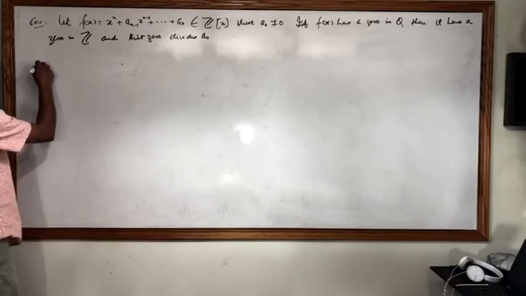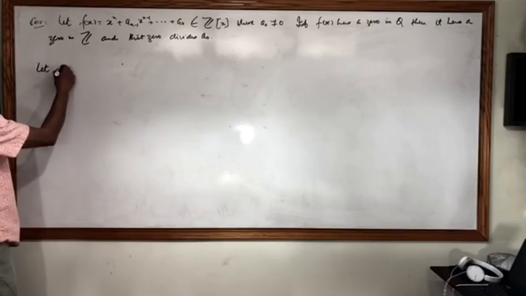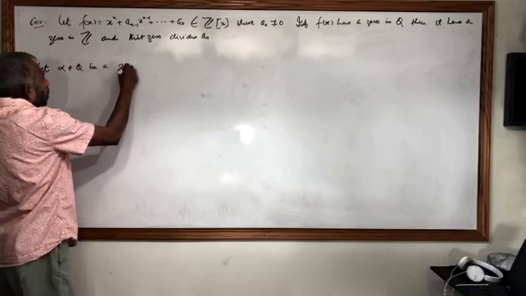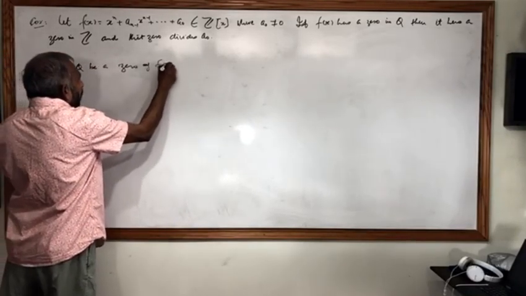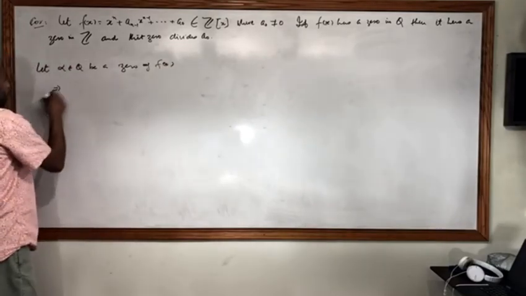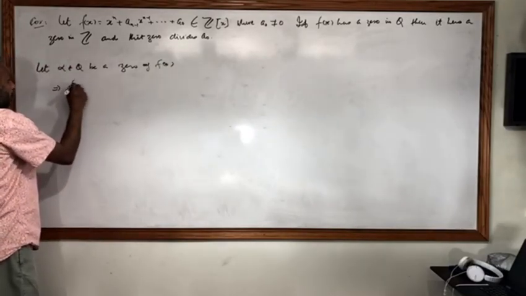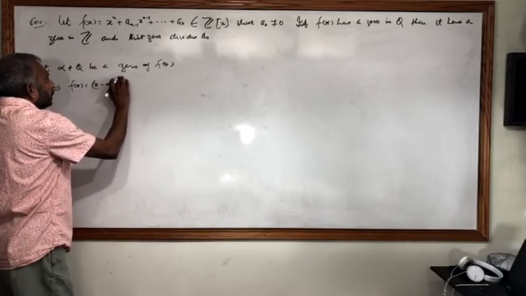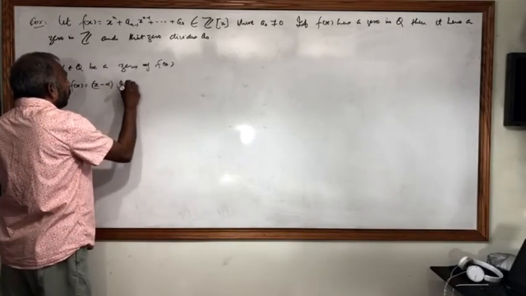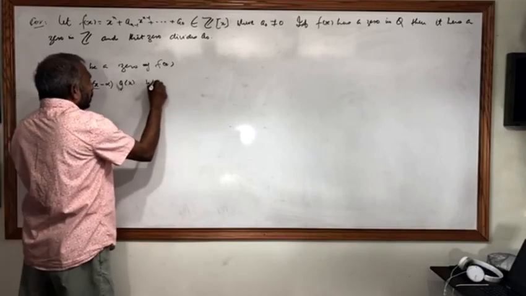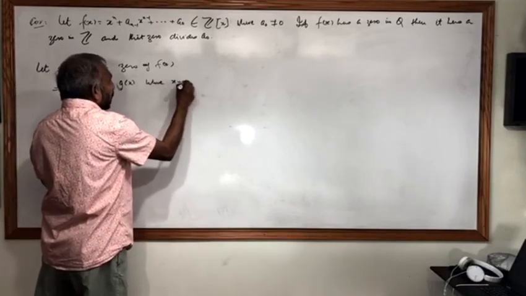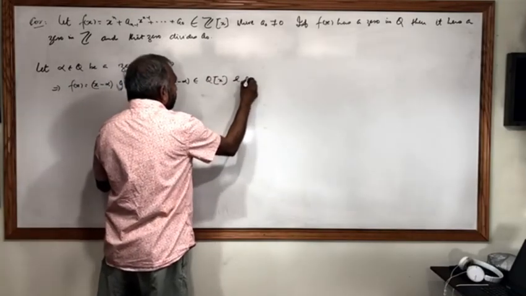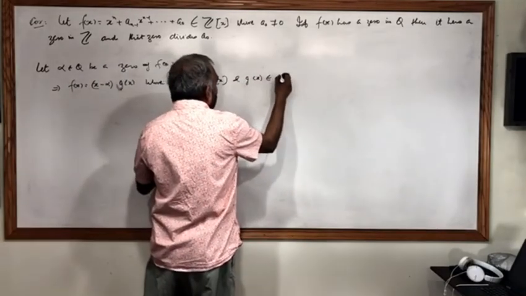So let alpha belonging to Q be a zero of f of x, and that implies f of x is equal to x minus alpha times g of x, where x minus alpha belongs to Q of x and g of x belongs to Q of x.